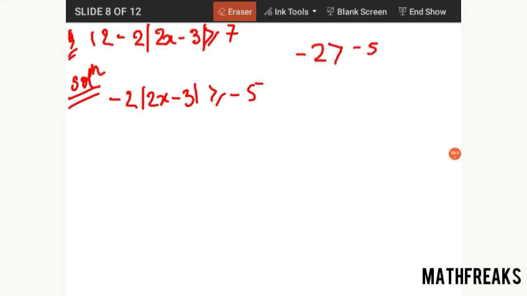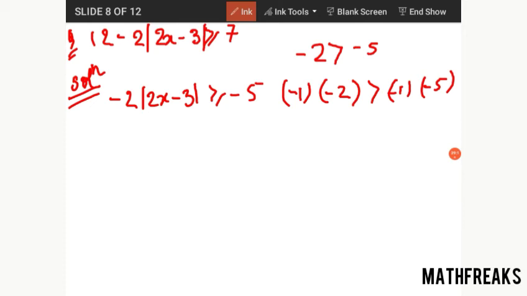Why? I am showing you with an example. If I say minus of 2 is greater than minus of 5, we can multiply both sides by -1, but for that we have to change the sign. We cannot write -1 multiplied by -2 is greater than -1 multiplied by -5. Why?